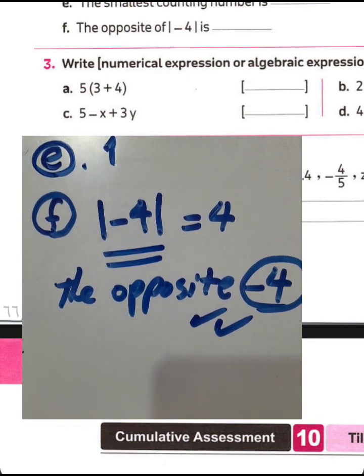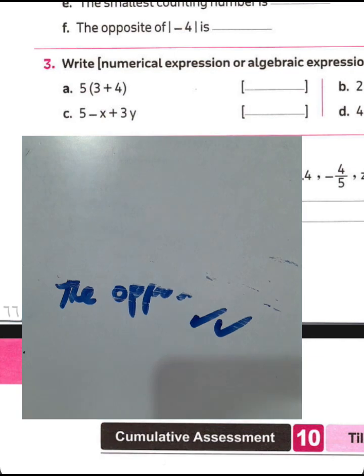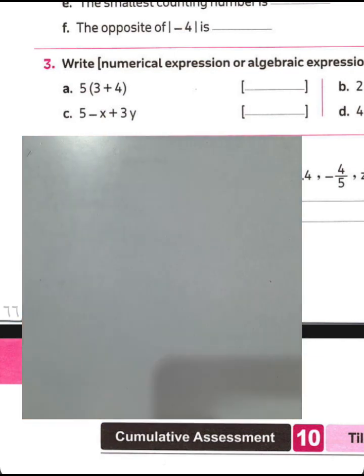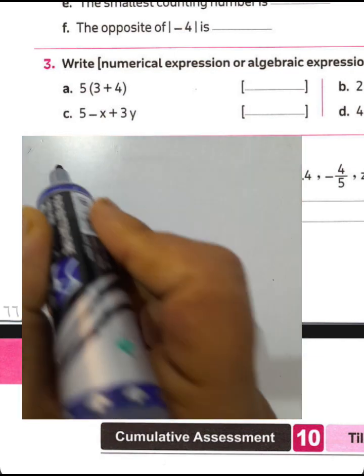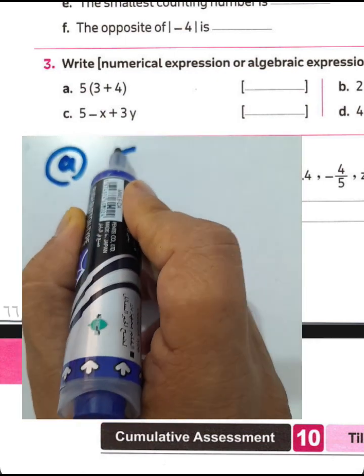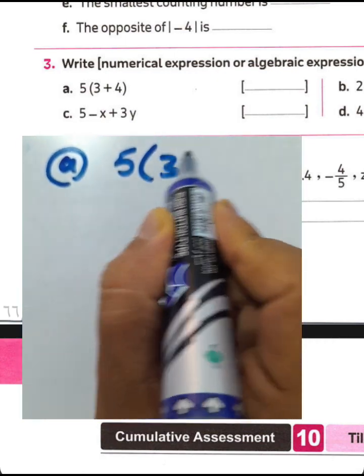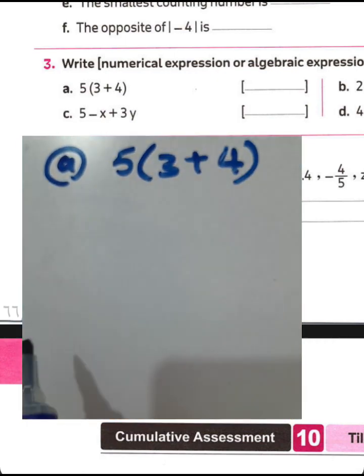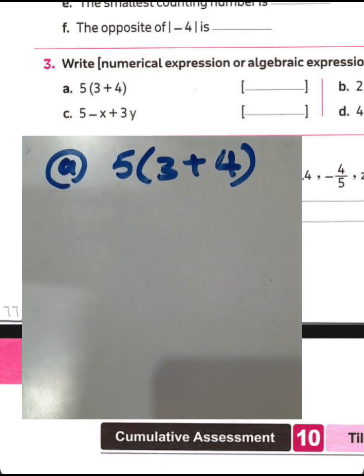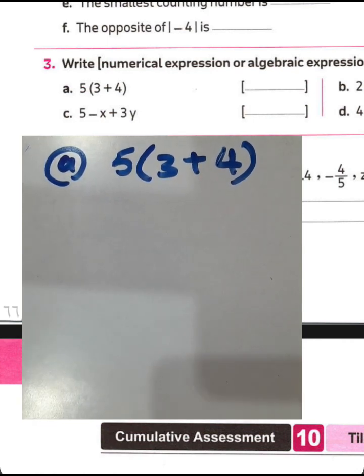Letter A. He gave us 5 multiplication by 3 plus 4. We call this numerical expression. But what about algebraic expression? If we have an unknown.